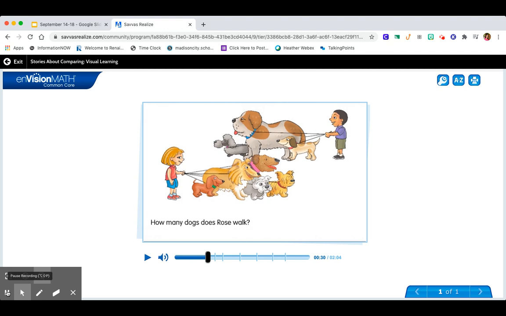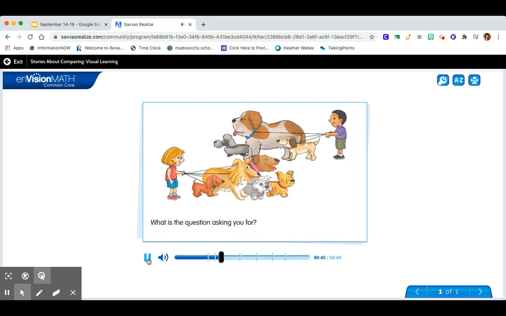Okay, so you can count to see how many she's walking. 5. How many dogs does Tom walk? You can count to see how many he's walking. Okay. 3.